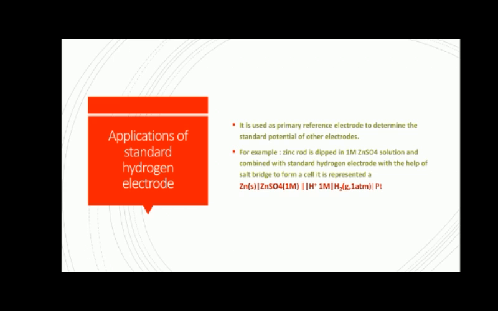Again, on the left half you are seeing zinc sulfate, and on the right hand side we have the hydrogen electrode, that is SHE, where H+ ion of 1 molar concentration is present, and hydrogen gas is bubbled at exactly 1 atmospheric or 1 bar pressure, in support with the inert platinum wire electrode.